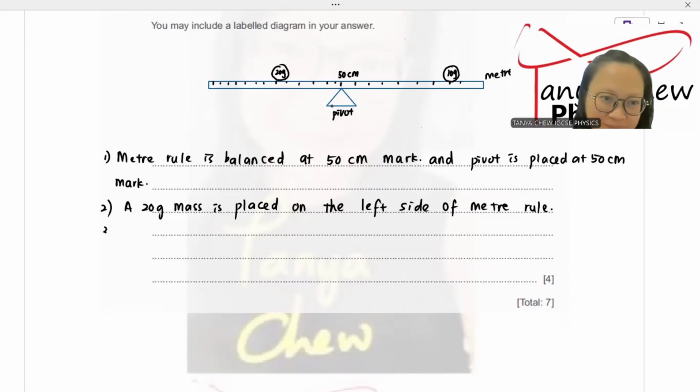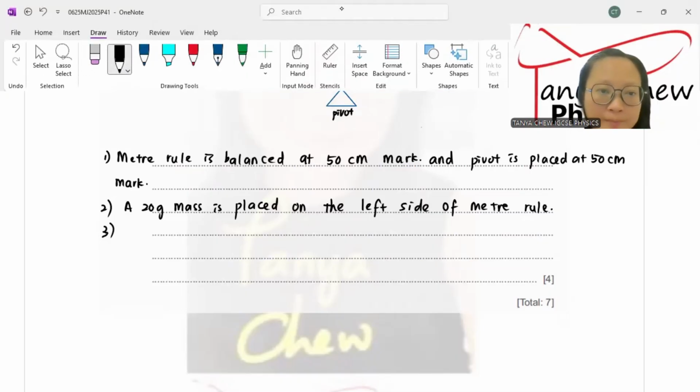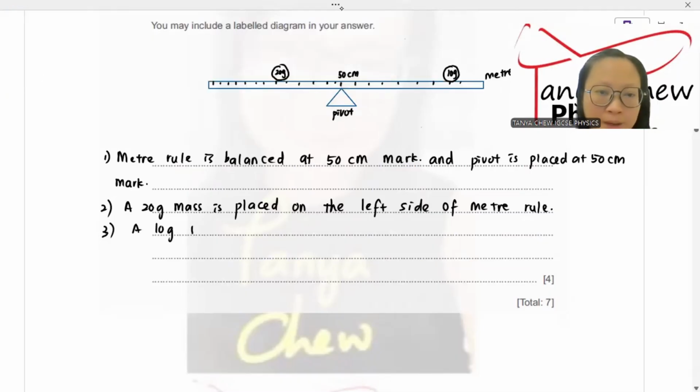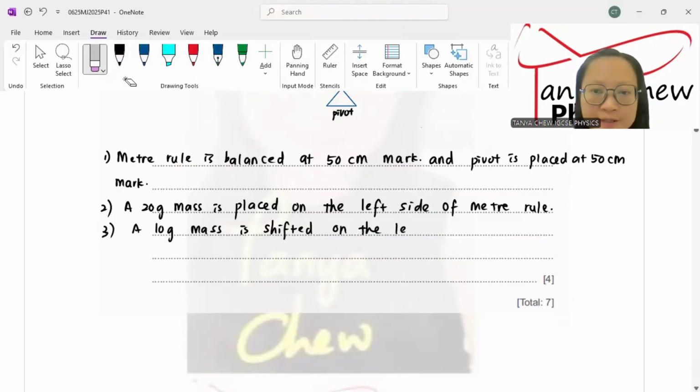And then third, another, or a 10 gram, because I'm using different masses. So a 10 gram mass is shifted on the right. Sorry, this is the right side of the meter rule.